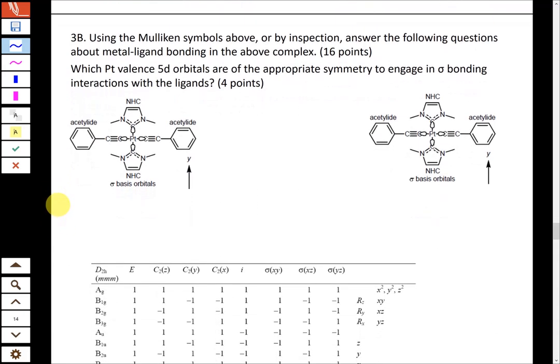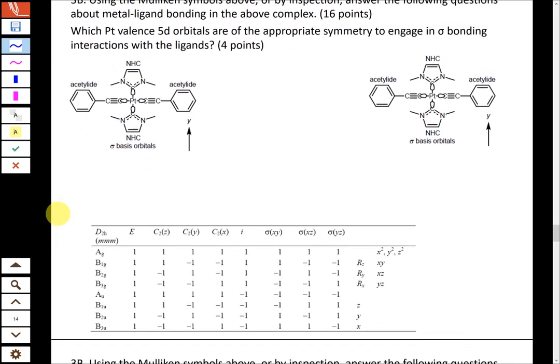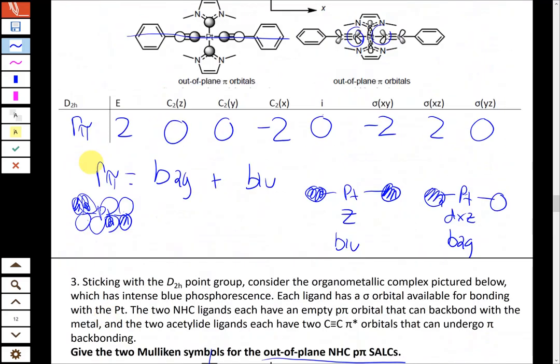So the next one here is asking us which of the valence 5d orbitals are the appropriate symmetry to engage in sigma bonding interactions with the ligands. So for this one, there's sort of 2 ways of doing it. Probably the more straightforward way, again, if you did the previous question right, would be to just look at the representations that we got for the sigma orbitals. So we did a set of sigma orbitals on each one.